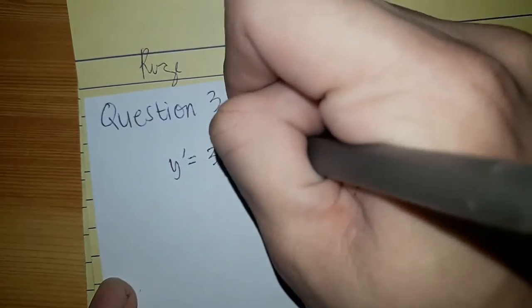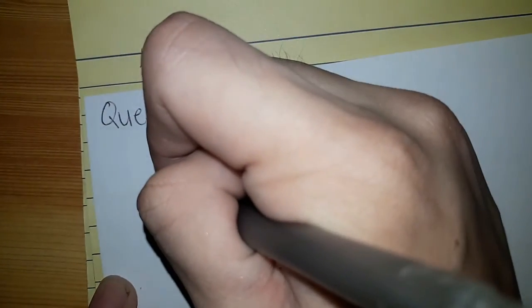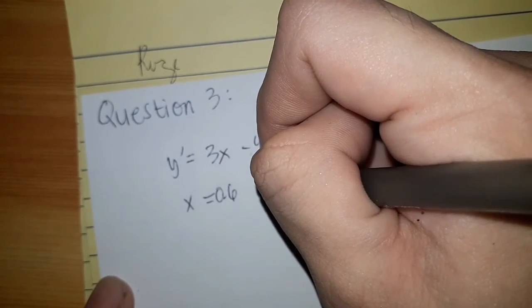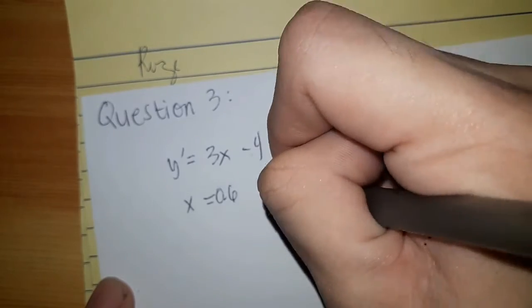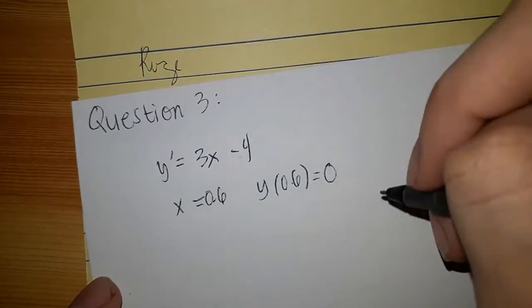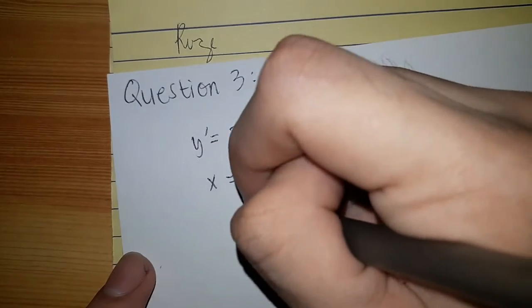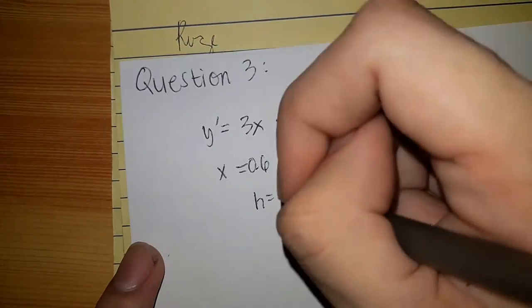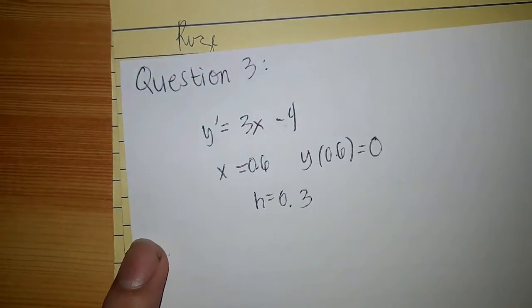The equation is y prime is equal to 3x minus y. The initial value of x is still 0.6, and y at 0.6 is still 0, but this time the step size has been doubled, which is now equal to 0.3.